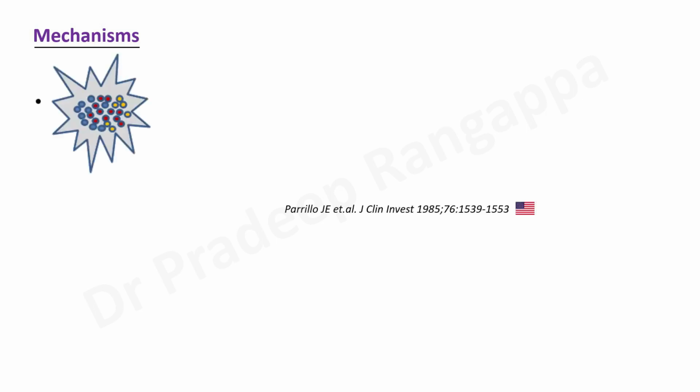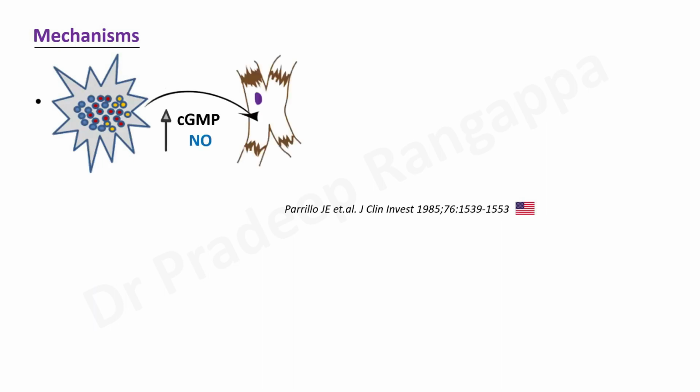There are different mechanisms as to why myocardial dysfunction or cardiomyopathy happens in sepsis. The whole mechanism is attributed to the cytokine storm. We all understand that there is a lot of cytokine release in sepsis, and cytokine activation was shown to be one of the basic reasons why cardiomyopathy sets in.